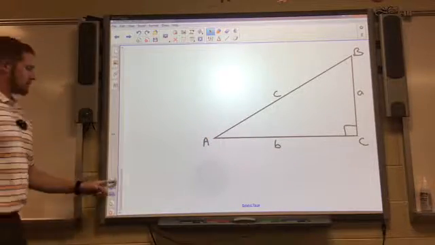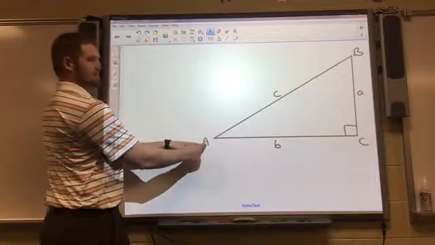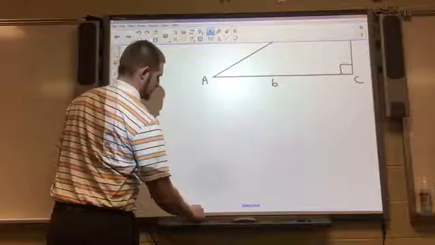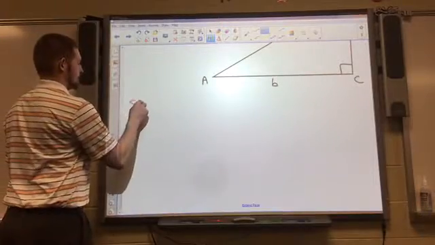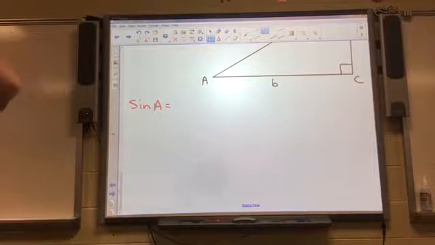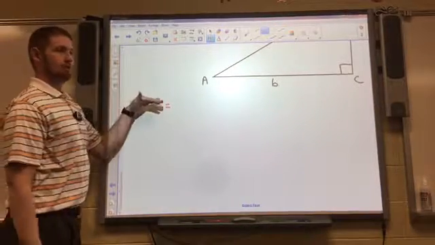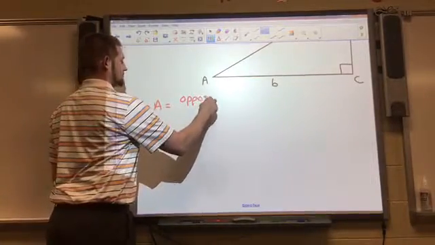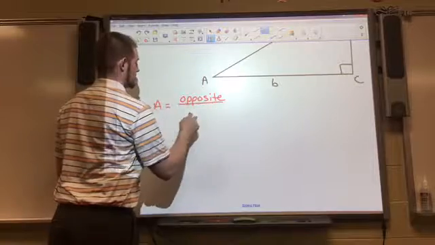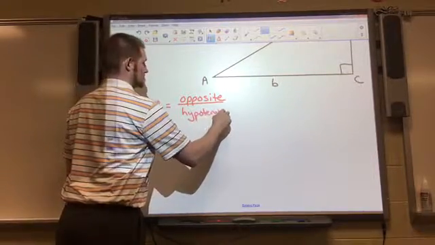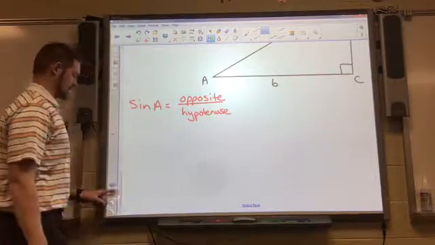Alright, so let's start with our sine. We're just going to find the sine of A. We're going to slowly work our way through this and progress here. So I have the sine of A. Your sine, and again, this is probably new to all of you, the sine of any angle is always the opposite divided by the hypotenuse. And that's referring to the sides.